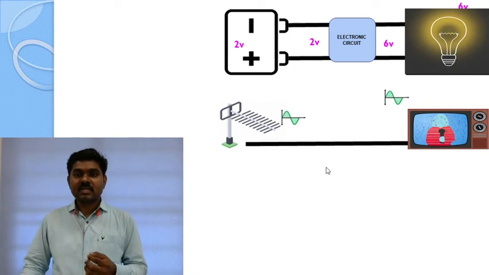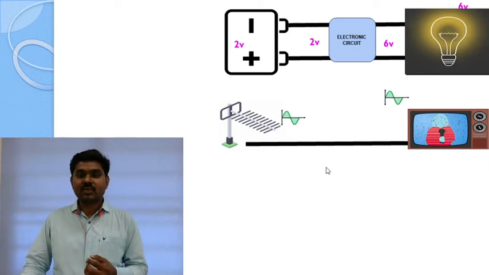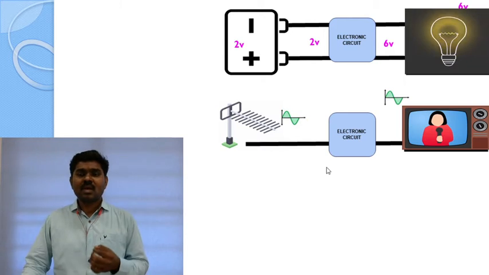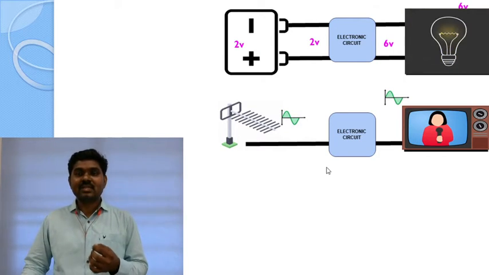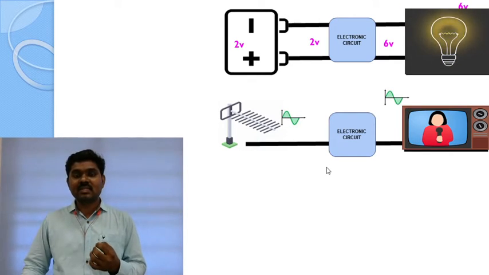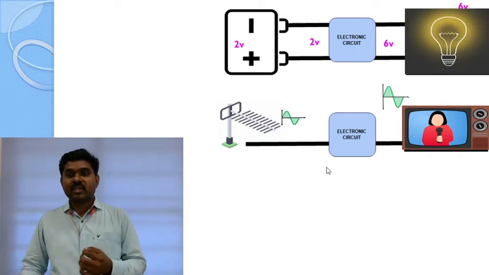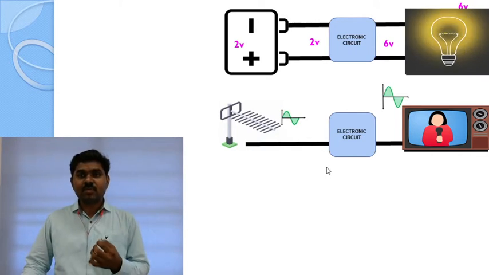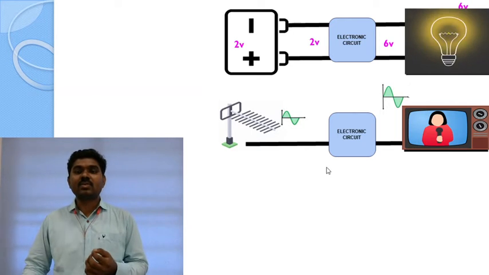In such a case, I have introduced a circuit in between here. Now the television is streaming with clear picture. How does it happen? The electronic circuit increases the strength of an input signal. The electronic circuit increases the strength of a weak signal. So we got clear video. This is possible with the help of the electronic circuit.